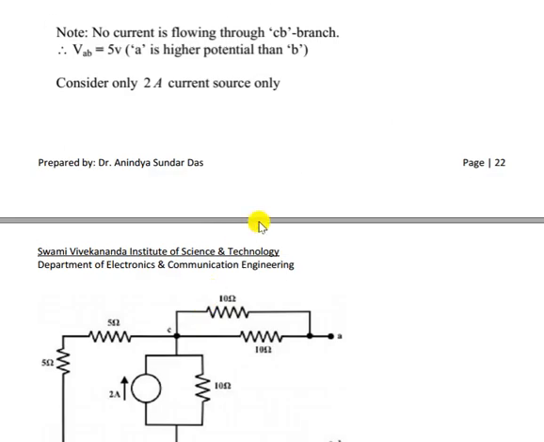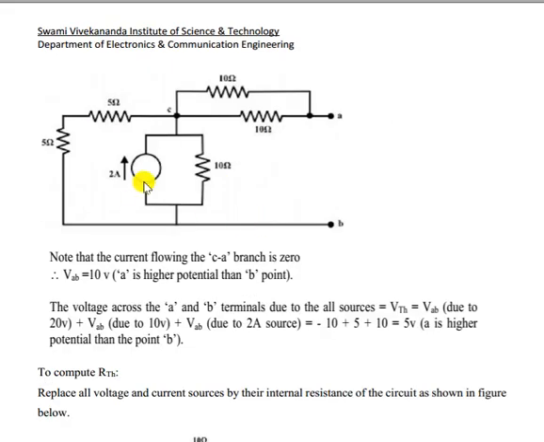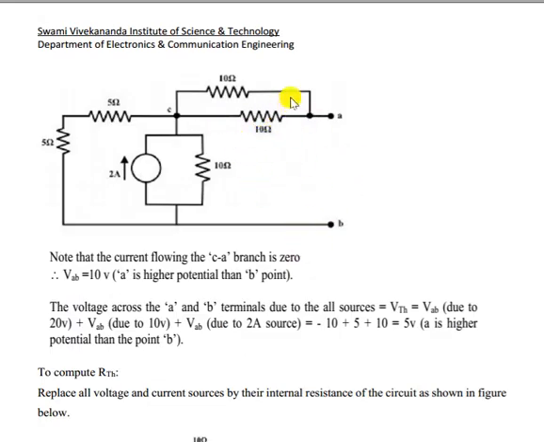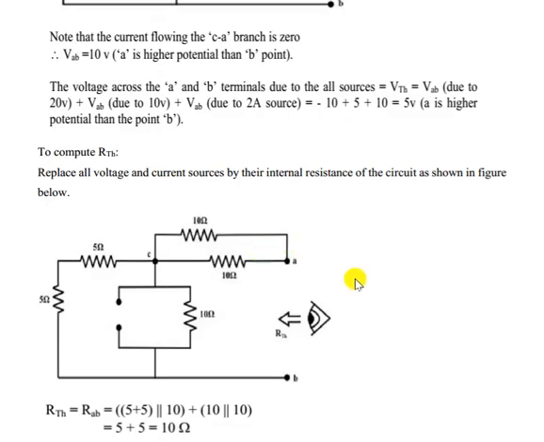Now, considering only the 2 ampere current source, this 2 ampere current is divided between the two 10 ohm resistors. By the current division rule, 1 ampere flows through this 10 ohm resistor. The voltage drop across this is 10 volt. So if you do the summation, minus 10 volt for the first case, plus 5 for the second case, plus 10, it will be 5 volt. So VOC will be 5 volt, and here no current will flow because there is an open circuit.